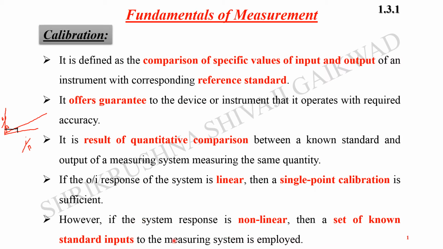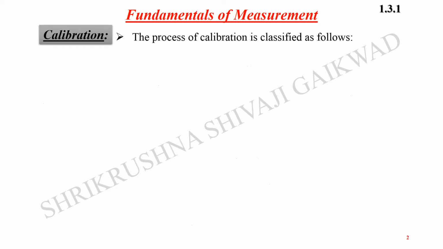So we need to use a set of standard inputs to measure the response when it is non-linear. Now, this process of calibration is classified into various standards. There are various calibration processes, and let's see them one by one.